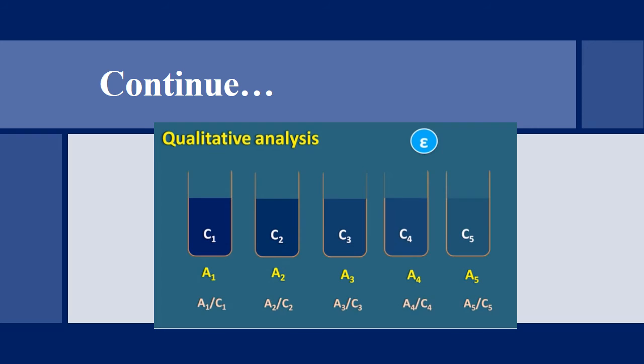As the concentration of the solution is different, the absorbance of the solution is different. If the solution has high concentration, like the first solution on the left hand side, the absorbance of this solution is also high, while A5, the last solution, has low concentration, so the absorbing capacity of that solution is also low.